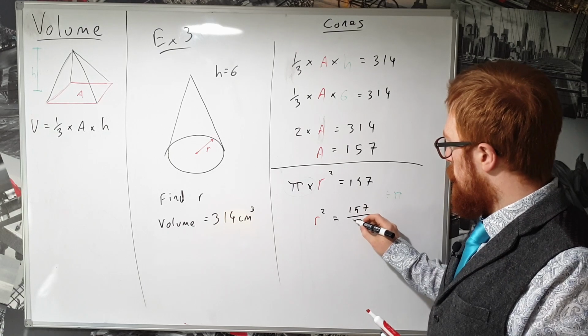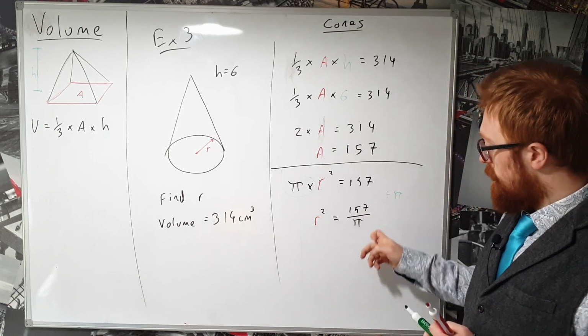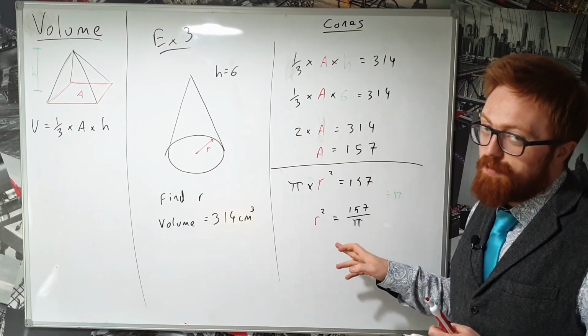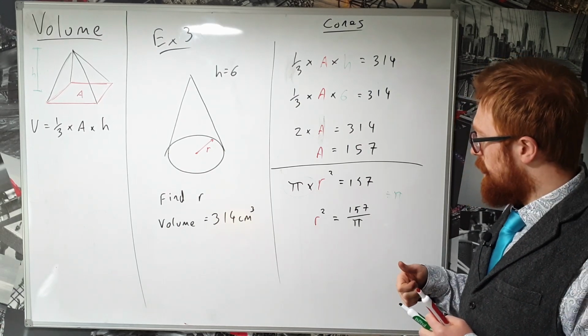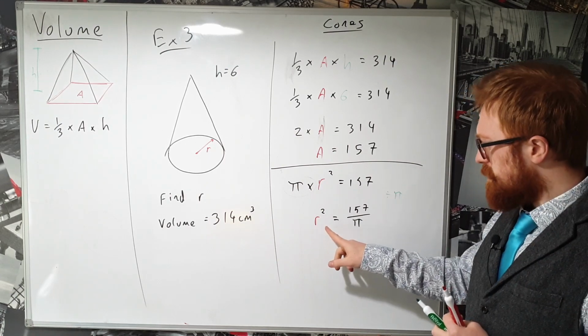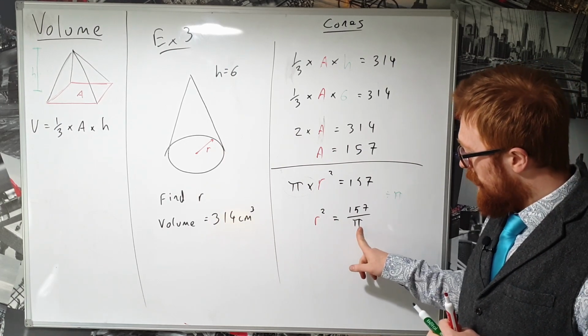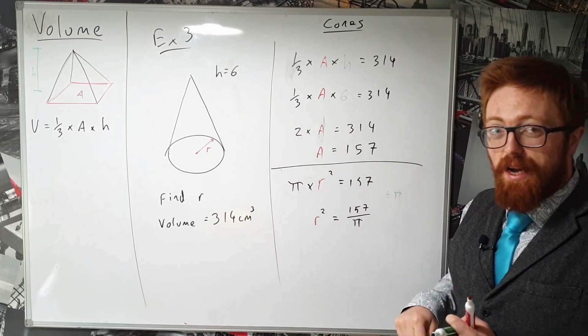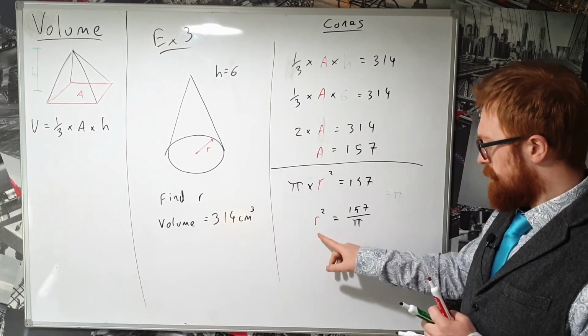There we go. Now, this doesn't look like it's a very nice number. So at this point, I might be tempted to type that into my calculator and get an answer, but we've not got many more steps to go. I've only got this one more step, so actually I think in this case we'll leave it exact until the very last step, and then we'll type the numbers into a calculator to get an answer.